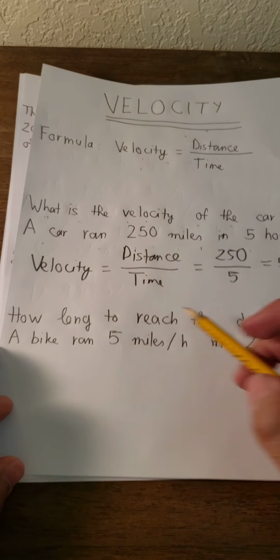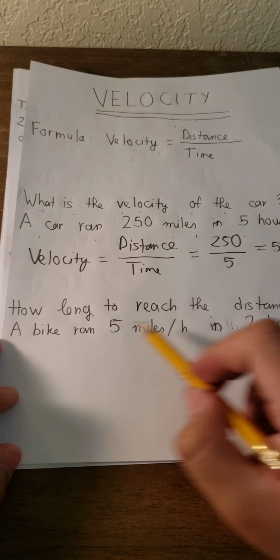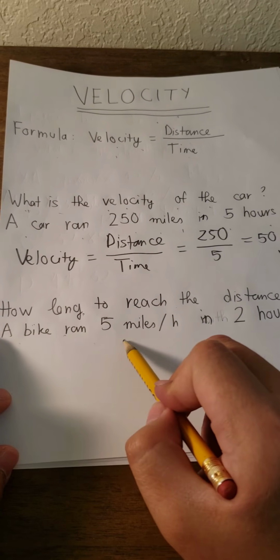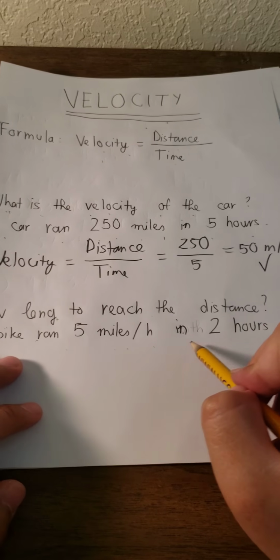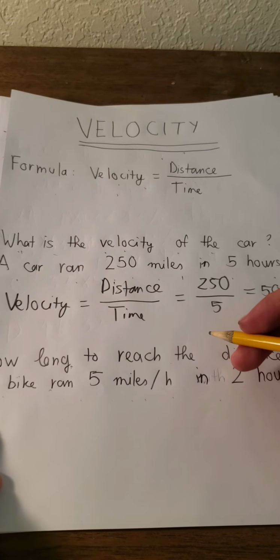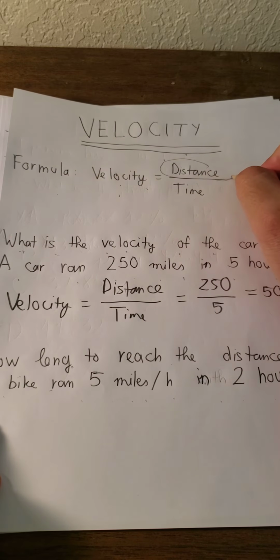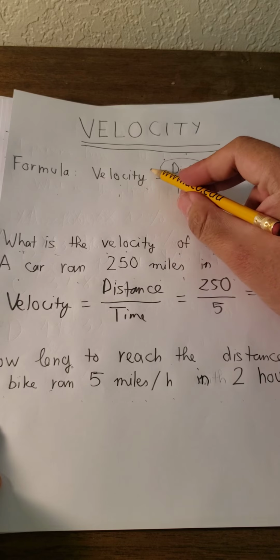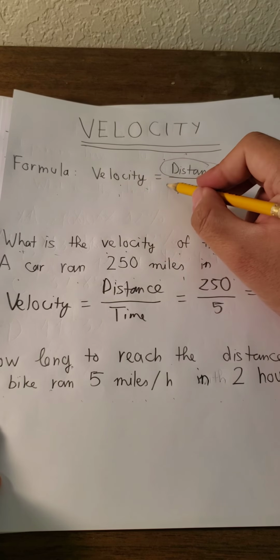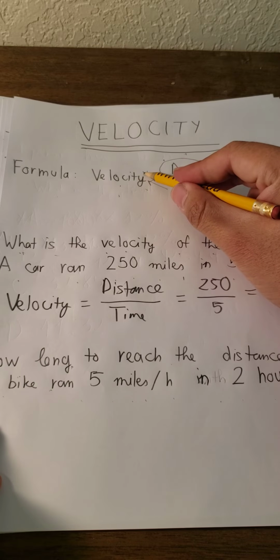The next one, how long is the distance? A bike ran 5 miles per hour for 2 hours. So we need to find the distance. To calculate the distance, we move the time up over there by multiplying.